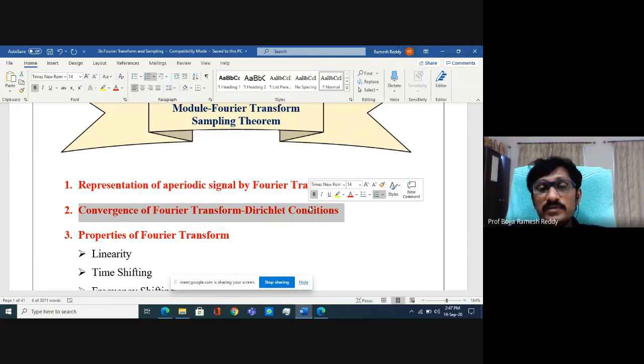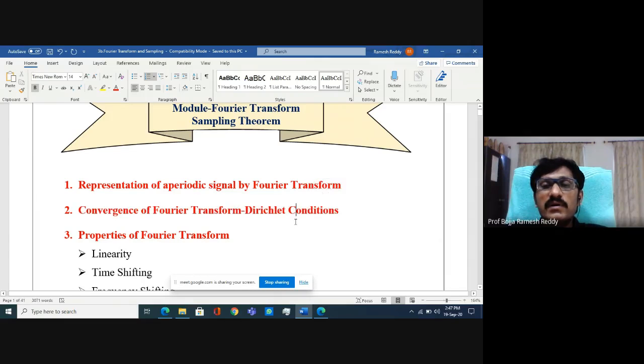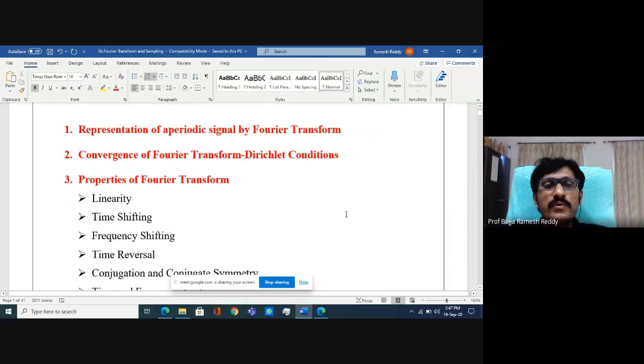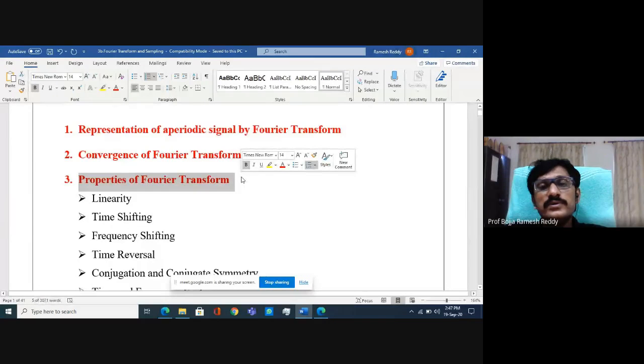Those signals must satisfy some restrictions. Those restrictions or conditions are called Dirichlet conditions, also called convergence of Fourier transform. Then another important thing, properties of Fourier transform. All the properties are very important to solve problems in stipulated time.